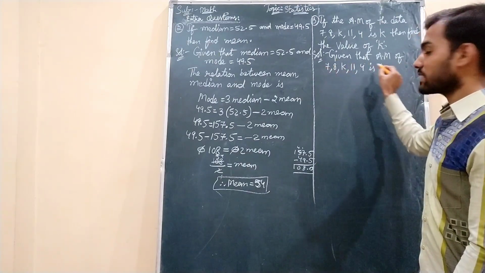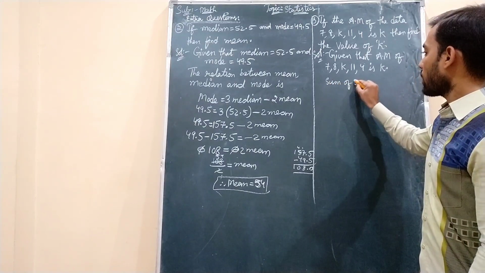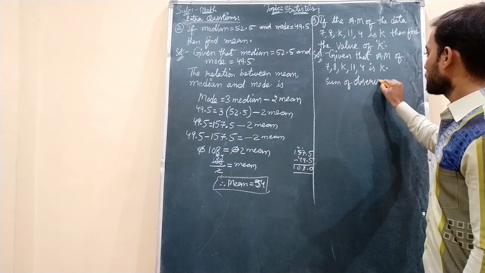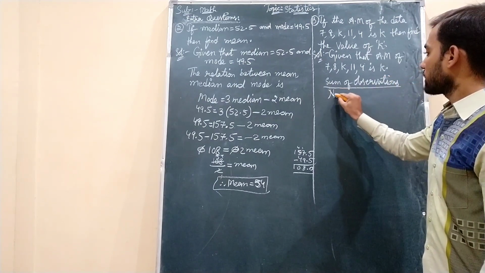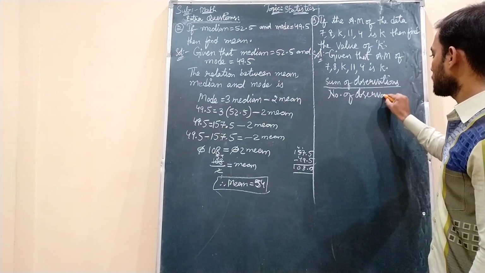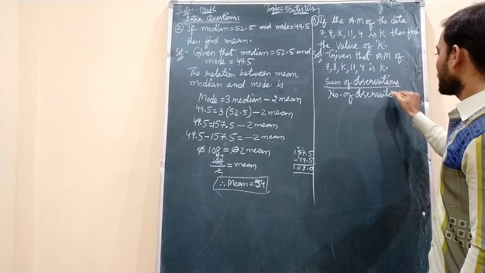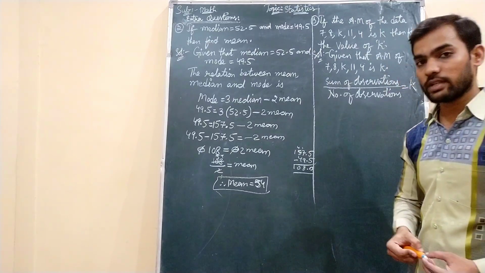The mean of all these numbers is k. So we have the formula: sum of observations divided by number of observations is equal to the mean. K he has given. This k only we have to find out.